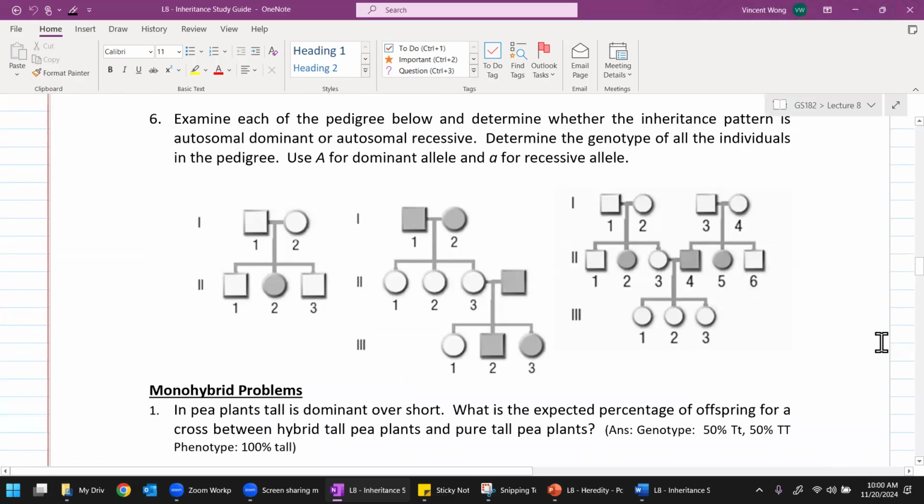And this is the last thing we're gonna do, okay? And then we can finish the class. There are 3 families here. Using what I taught you, please figure out which one is dominant, which one is recessive.